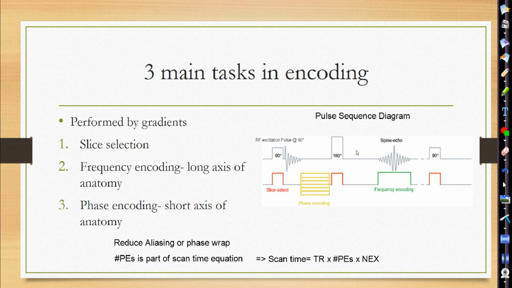Why is 90 the optimal flip angle? Why not 5? Why not 96? What happens when we push it past that 90 degrees? Partial saturation, or 180, it's full saturation, right? And then even less than 90, we just don't get as much signal. So 90 for a spin echo pulse sequence is the optimal flip angle.